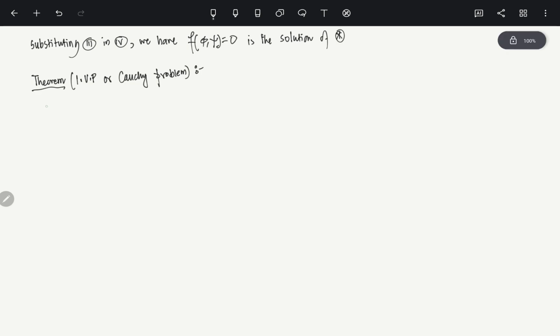So suppose that C is a given curve in the x, y plane with parameterization.